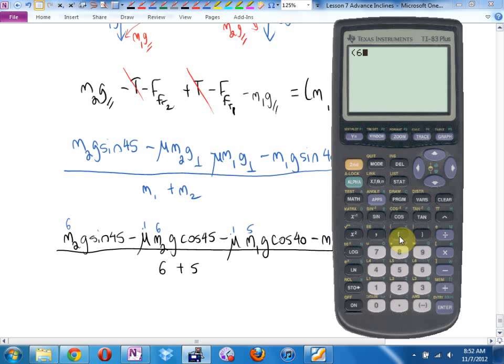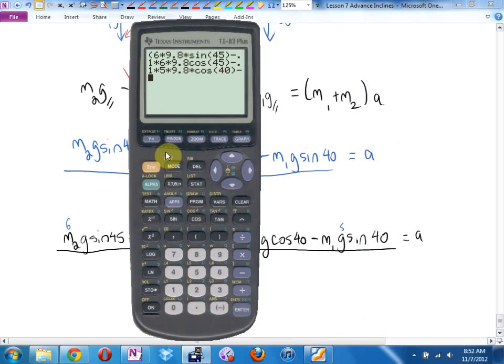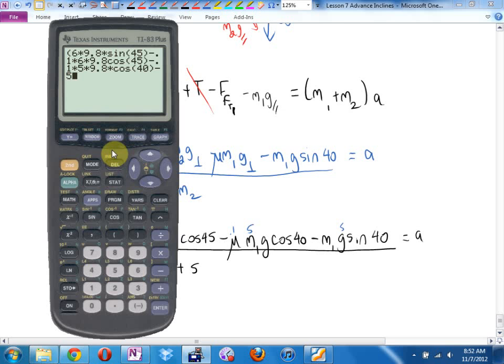Bracket 6 times 9.8 times sine 45, close that off, minus 0.1 times 6 times 9.8 cos 45, close that off, minus 0.1 times 5 times 9.8 times cos 40, minus, move over, 5 times 9.8 times sine 40, close off the sine, close off the top, divided by 11.